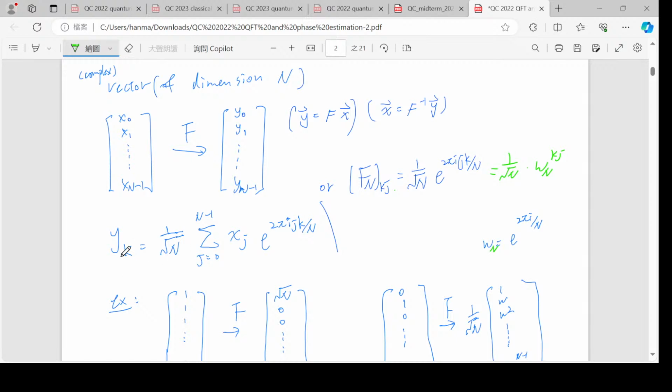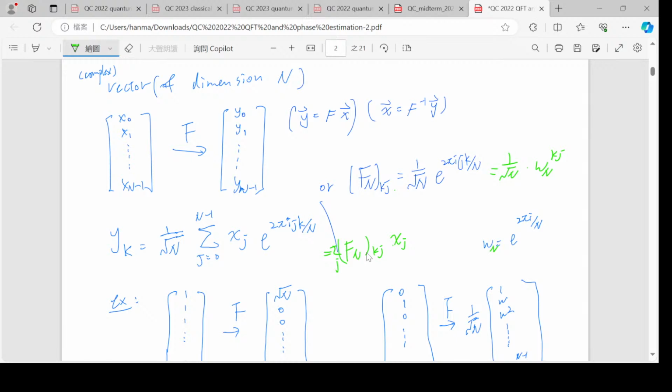Then think about what the k-th element of y is. So y_k is, you do this matrix multiplication, so y_k is the sum over j of F_kj x_j. This is how matrix multiplication actually works, right? Because you write down the elements.